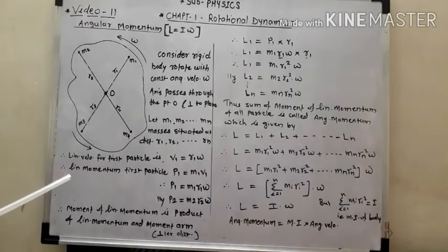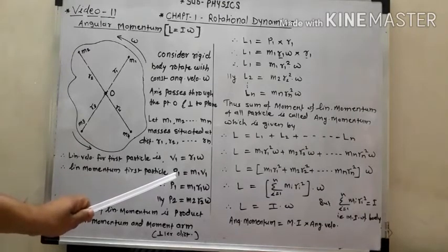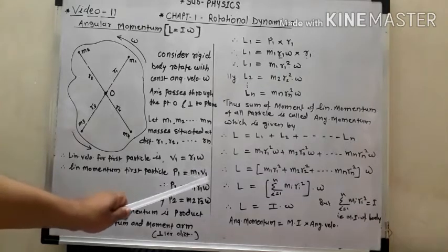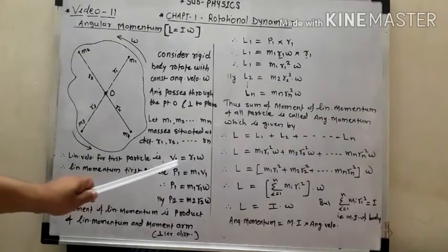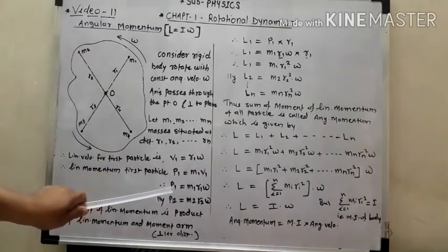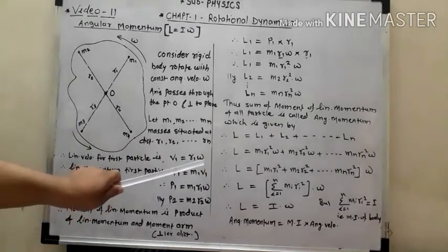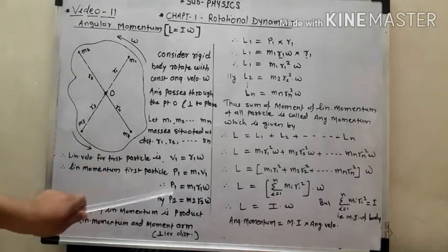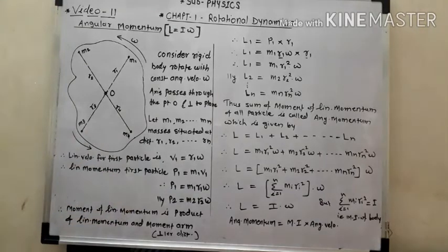So the linear momentum for the first particle is P1 is equal to m1 v1. Instead of v1, we write r1 omega. Substituting, P1 is equal to m1 r1 omega. This is the linear momentum for the first particle.